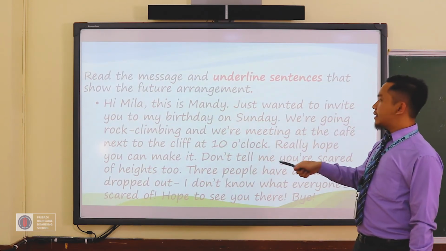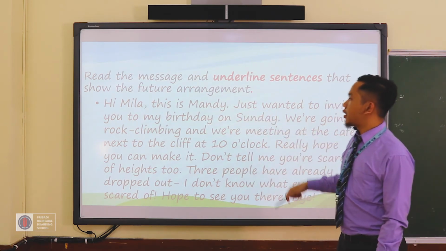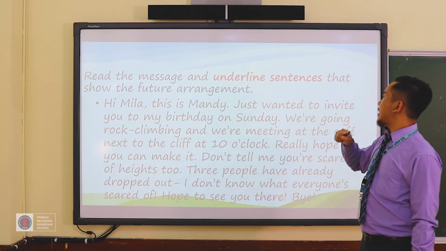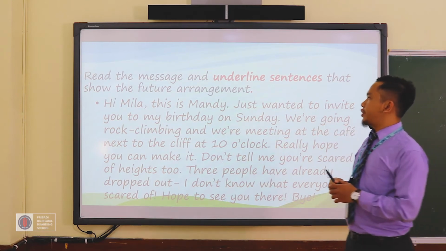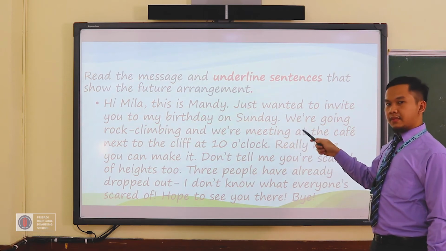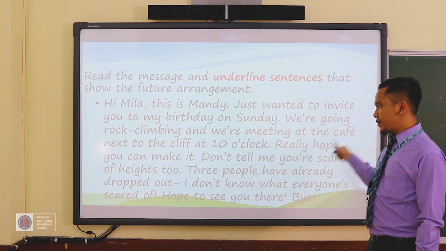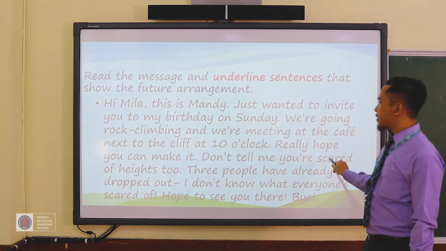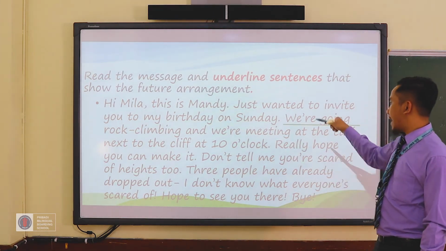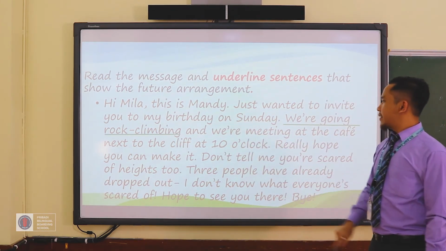Here, could you please look at the text, the story about Mila, and please underline the sentence that shows the future arrangement. Have you spotted the sentence? Yes or no? Yes. Okay, so let's see which sentence. Now we are going rock climbing.